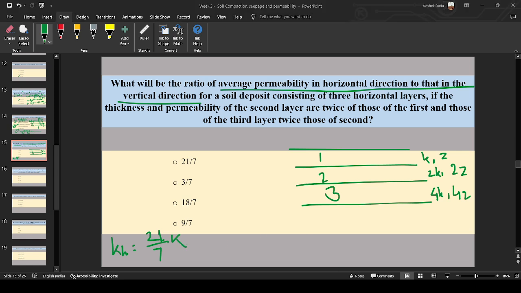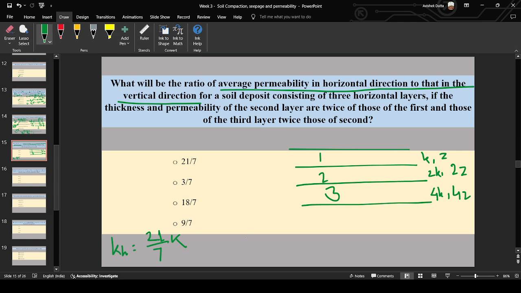Found out the answer? Now for the vertical one. In the numerator, it is the summation of all the Z values, that is the total thickness.